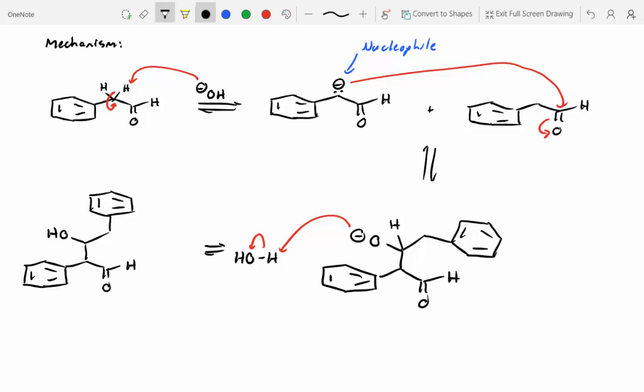All right. The easiest thing you can do when you're looking at these problems is to identify the alpha carbon on your aldehyde. So we've got our alpha carbon right here. And then identify the beta carbon where the alcohol is coming off. Retrosynthetically, all we did was we made this bond, right?